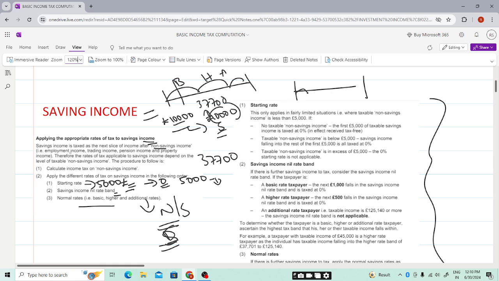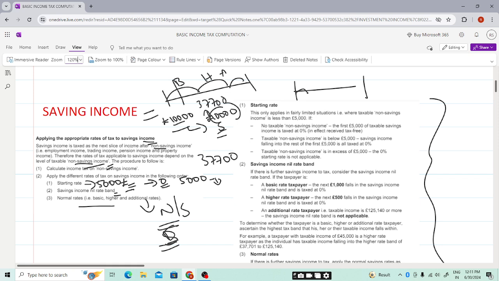Non-savings income includes employment income, trading income, pension income and property income. Therefore, the rates of tax applicable to savings income depend on the level of taxable non-savings income. Why? Because we first tax the non-savings income, then the savings income.